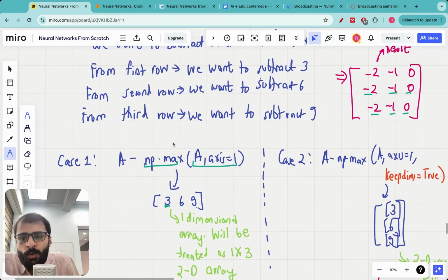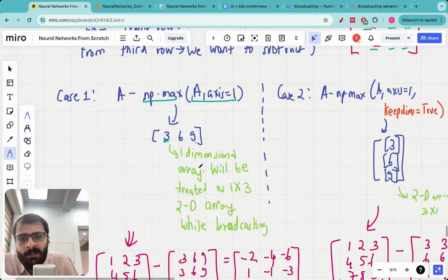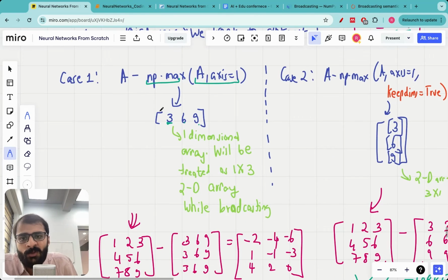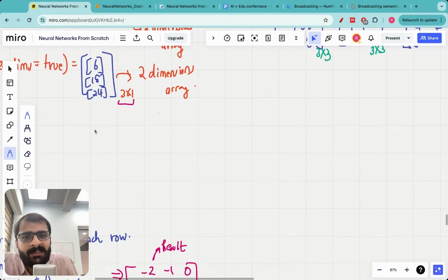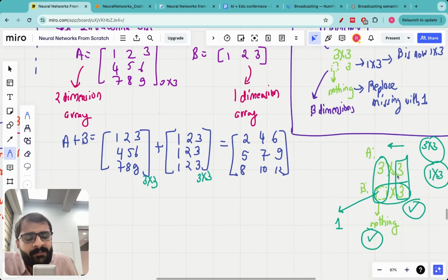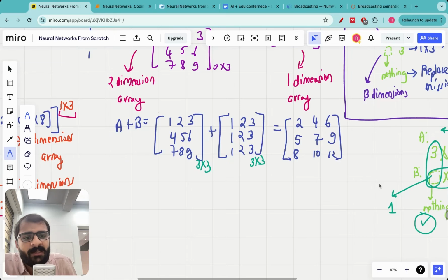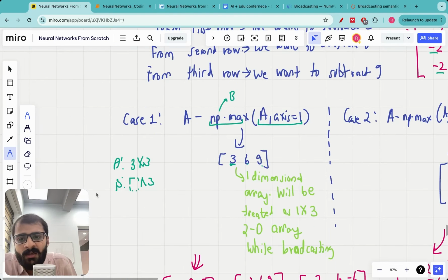Now if you do a minus this, remember the broadcasting which we saw, A is 3 by 3, and let's call this B. This will be something like nothing dimension here and 3 here. So what we saw exactly in broadcasting is that Python fills the nothing dimension with 1.